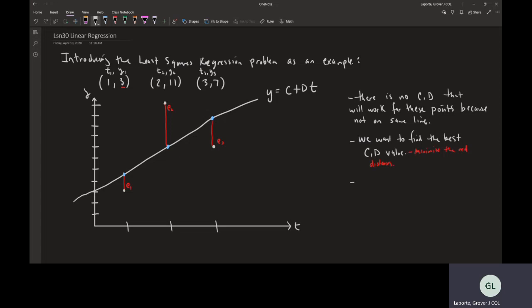This is called least squares because we end up squaring the errors: E1 squared plus E2 squared plus E3 squared. We end up squaring that total error.